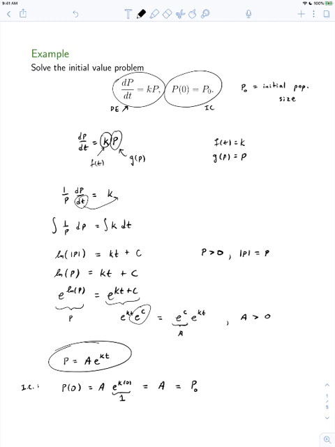So what that means is that our solution is P(t) equals P0 times e to the kt. So the solution to the initial value problem is an exponential function, which is why we call it exponential growth, and it's e to the kt times the initial population.